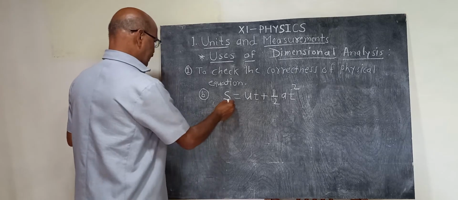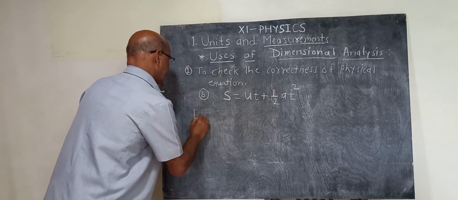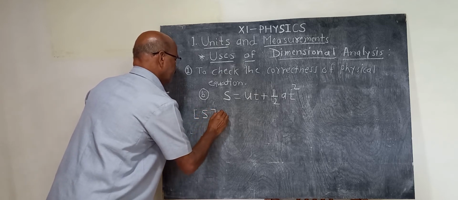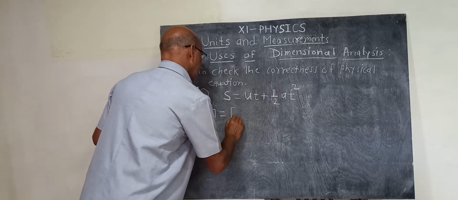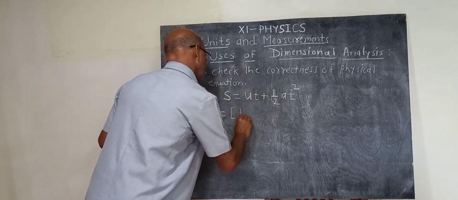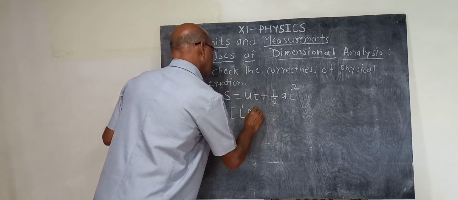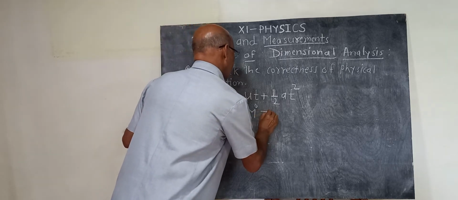Now on the left hand side, the dimensions of displacement are [S] equal to 1 in length, 0 in mass, and 0 in time.